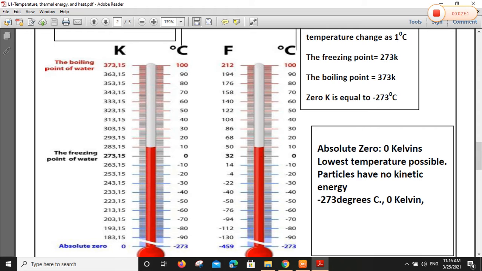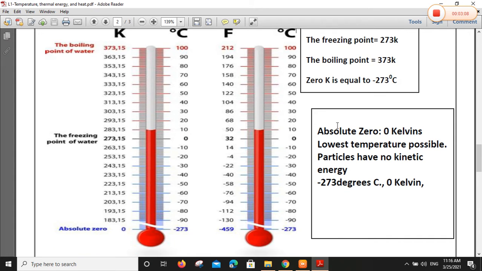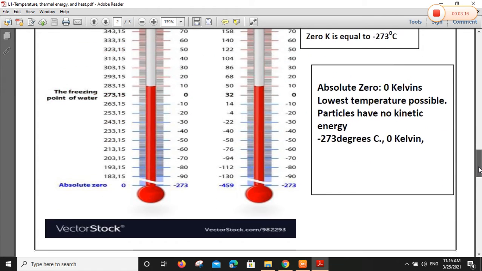The freezing point is 32 Fahrenheit against 0 Celsius degrees. Yes, the two scales together.